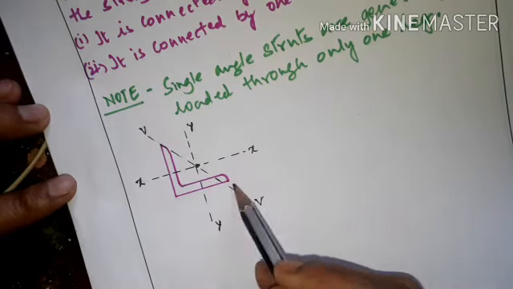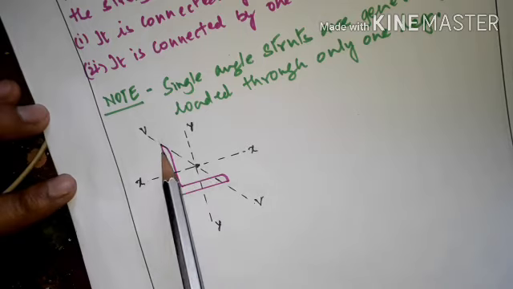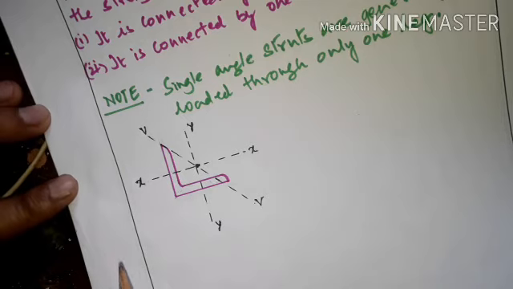So our force is not applied through the centroidal axis, it is away from the centroidal axis, or it is loaded through one leg. Then it is called an eccentrically loaded connection.